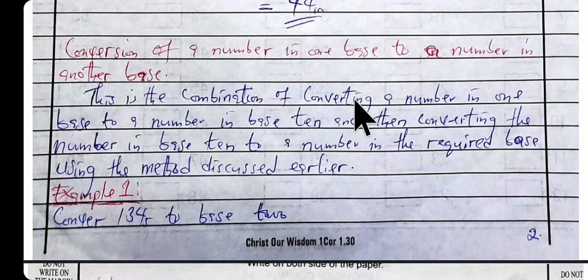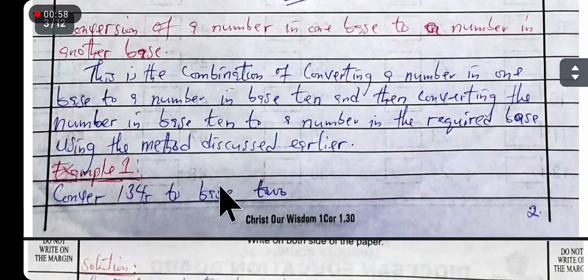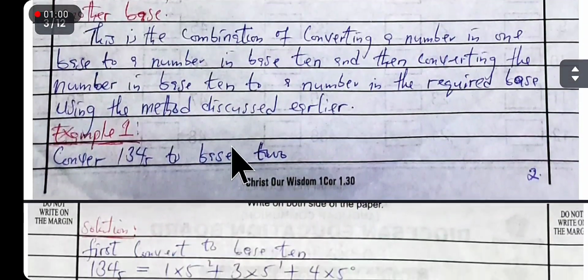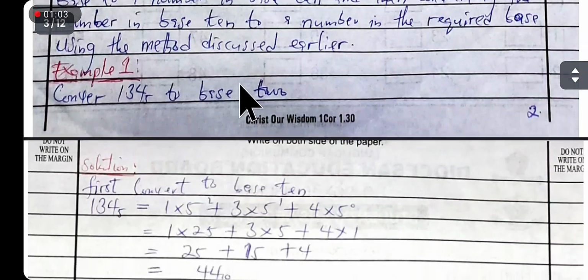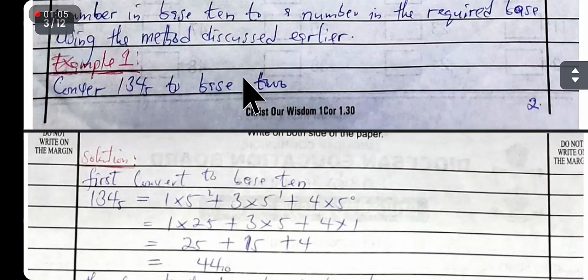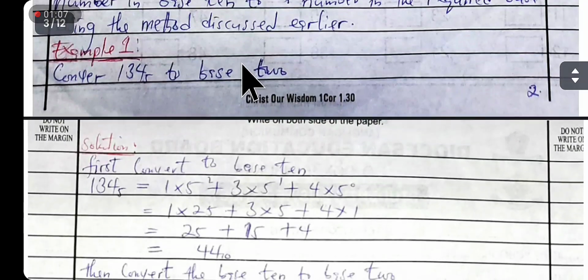This is the combination of converting a number in one base to a number in base 10, and then converting the number in base 10 to a number in the required base using the method discussed earlier. So if you have this kind of problem, you have to convert the number to base 10, then from base 10 to the required base.